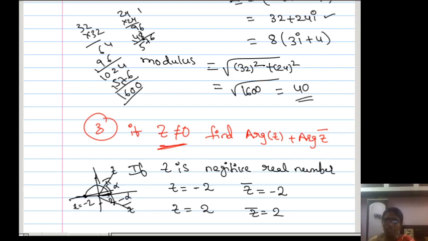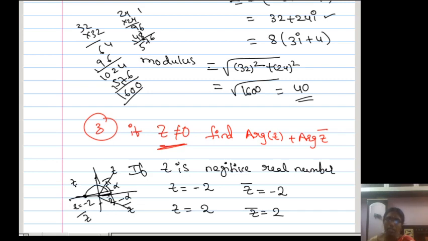Understood? So if z lies in the second quadrant, where does z bar lie? The real part is the same, only the imaginary part changes. So z bar lies in the third quadrant, because it is the mirror image to the x-axis.